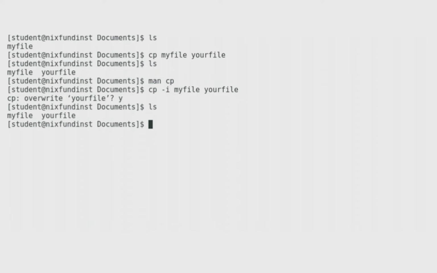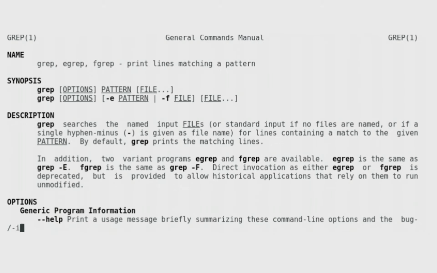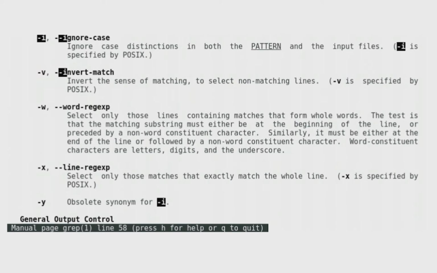Next, we're going to look at another command called grep. And with the grep command, what we're going to do is we're going to use an option with grep. Grep is a command that you're going to use quite frequently. It's basically used to search for strings within a file or within the output of another command. If we look at -i, we'll see that that option says ignore case.